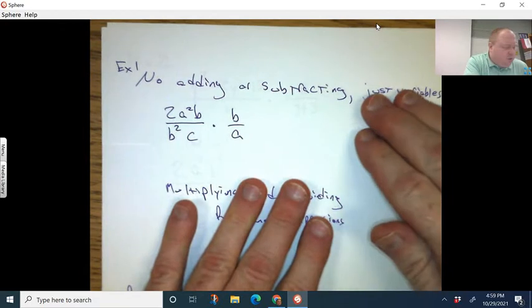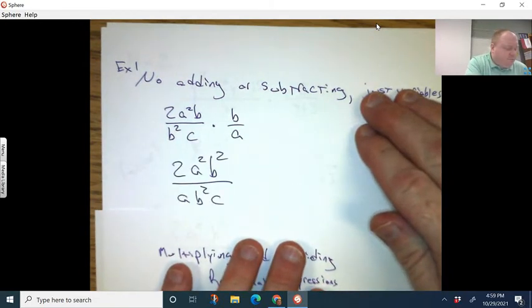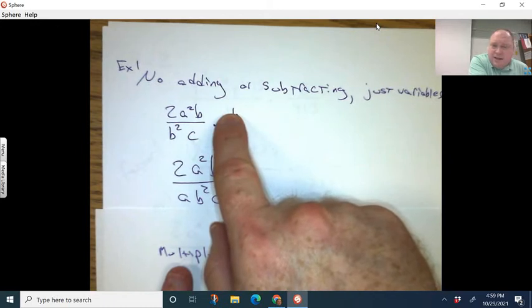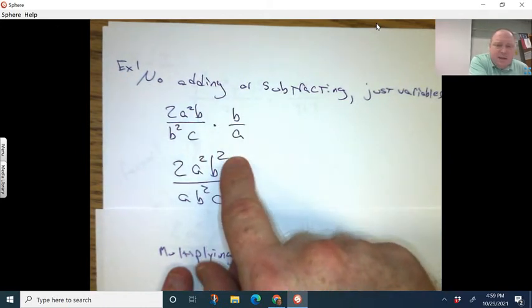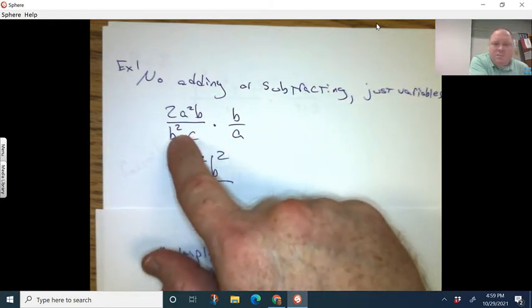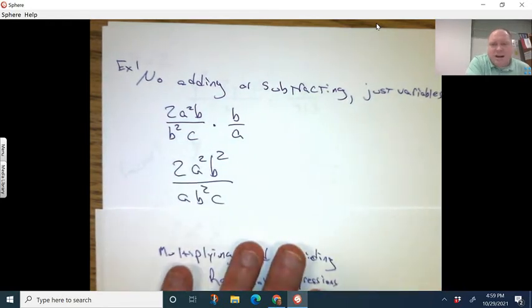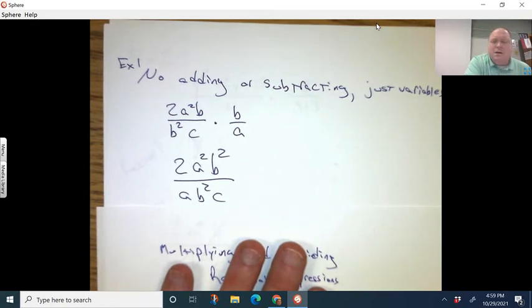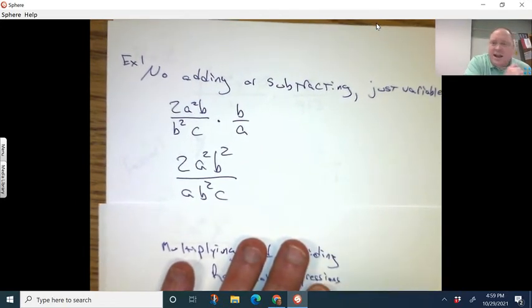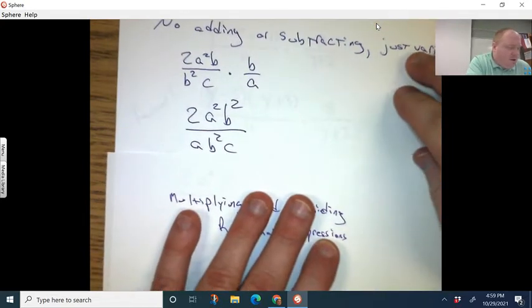All right, so when I did that, I added my exponents together. So b times b became b squared. And for the bottom, I just happened to move the a in front of the b squared. I didn't do anything special for that. But now that I have everything together as a single fraction, now I can begin to simplify.